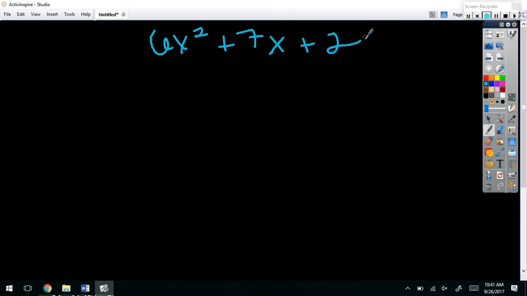The second thing says make sure you check your signs. Okay? If the signs are different, the box is going to tell you which one's positive and which one's negative. But if the signs are going to be the same, you don't have to keep up with any signs at all. Even if they're both negative, you don't have to worry about signs, because at the end of the day, we're just going to put the same sign in the middle. Okay?